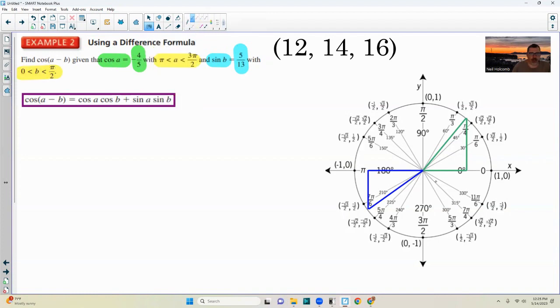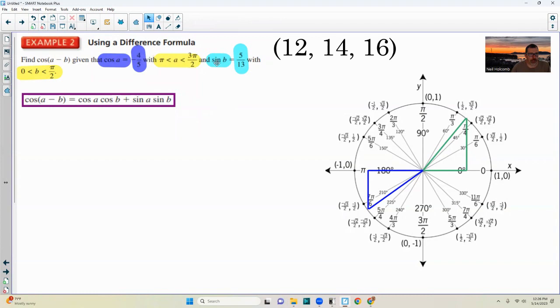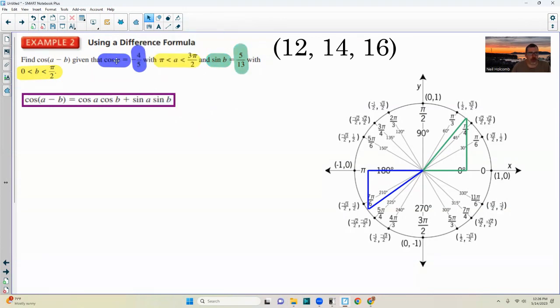Now, the thing you want to pay attention to here is where they're located. All right, so I have a unit circle I brought in, and I've already drawn these. So let's make these blue. Okay, and let's make this green. Okay, so the blue triangle here and the green triangle here go with these two. And how did I do this? Well, the cosine of A is negative 4/5.